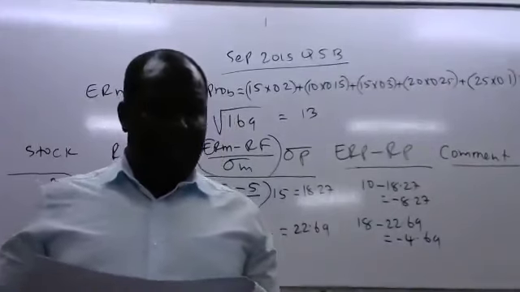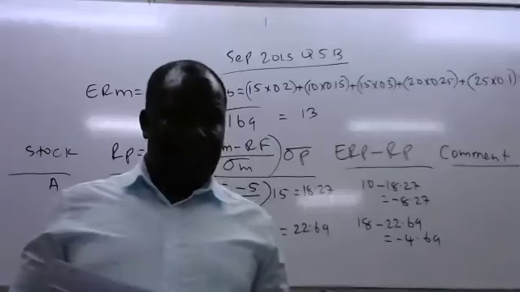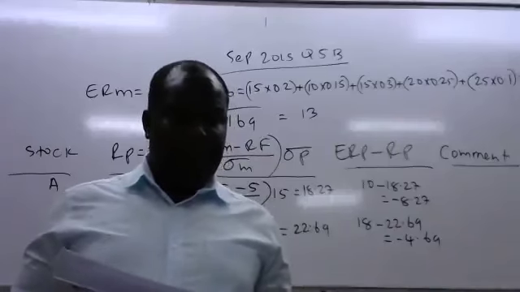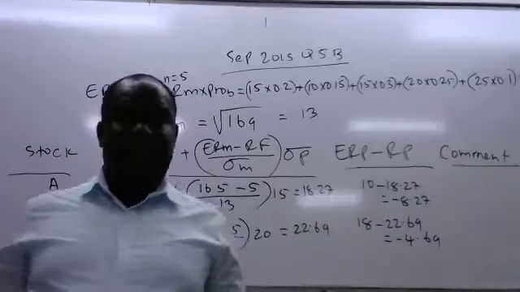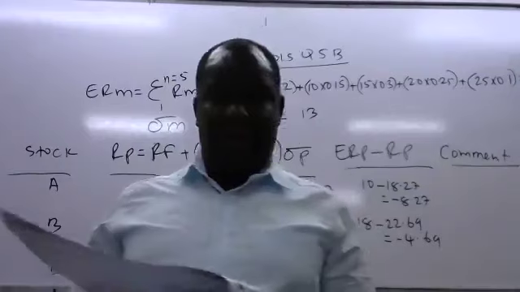So they gave you the boom, normal, and what? Recession. So they gave you the probability, and the forecasted share price after 1 year.